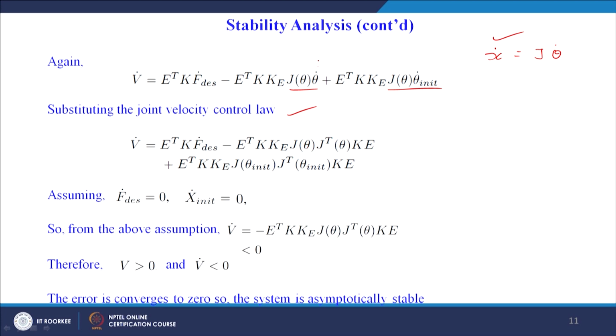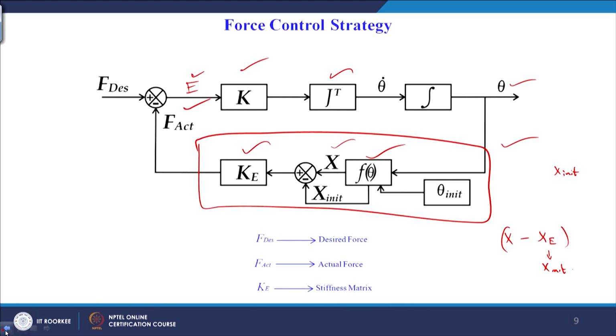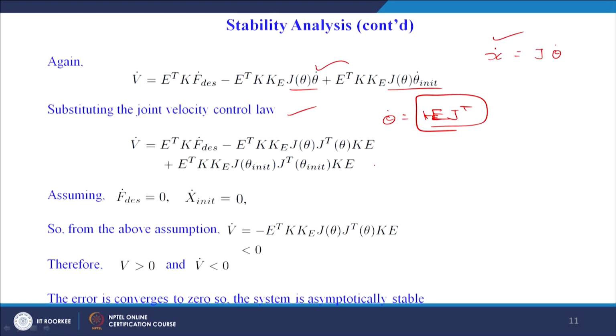So, here we substitute the control law, which is theta dot equal to K E J transpose, that is J transpose into K E. This control law, as I show here, is implemented in order to obtain this equation, assuming now F dot desired, because F is a desired force, the velocity is 0 here, and initially F desired dot and x initial dot are 0.